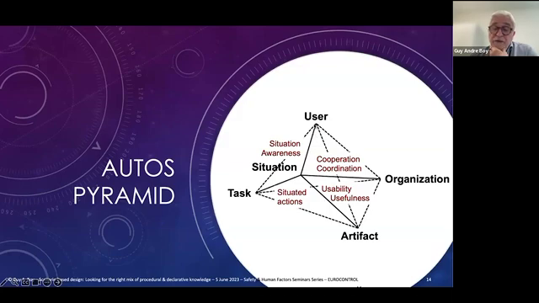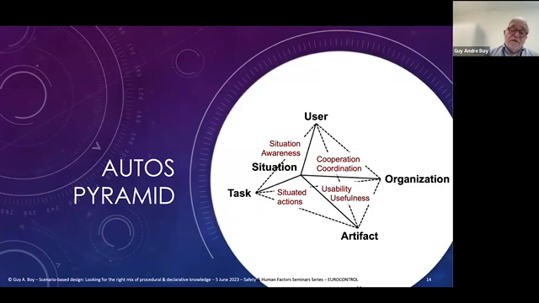So here on this side, user situation, you have what we usually call situation awareness. Using the artifact, executing the task, am I aware of what is going on? Here you have the situated actions. So in fact, the task is not context independent. It's really context dependent. It's situated.